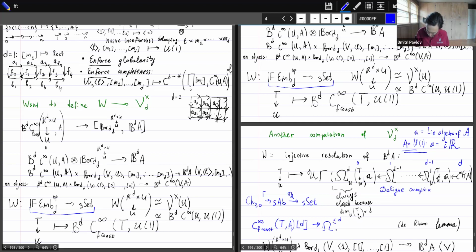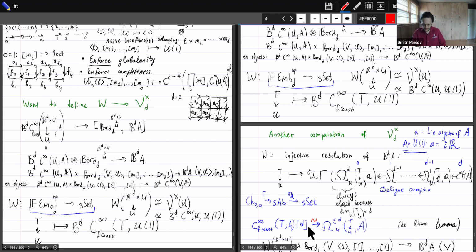The U is slightly imprecise, but you can understand what's going on. And let me put capital A just to remind you that in the last term you do have capital A. And so I claim this inclusion is just a quasi-isomorphism. And this is just the Poincaré lemma in disguise.